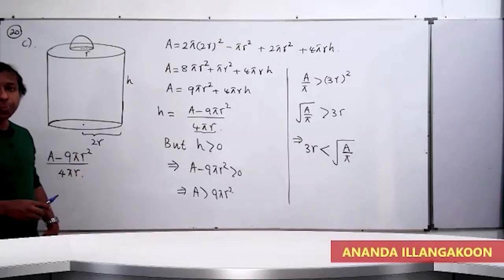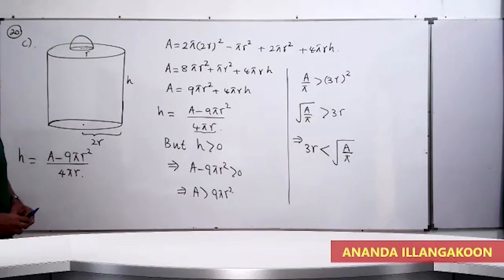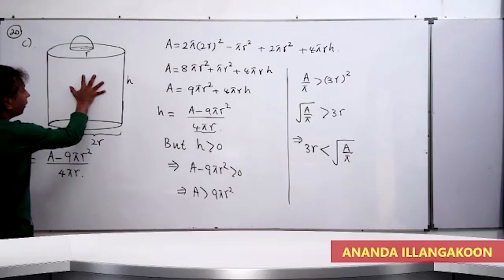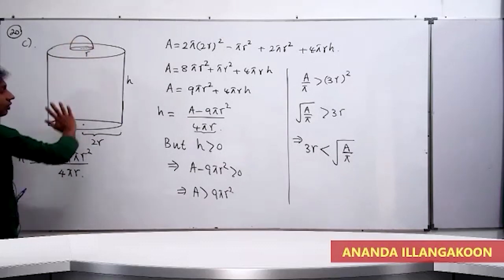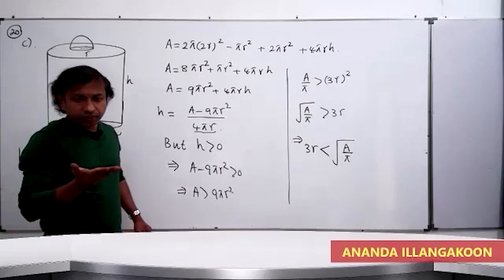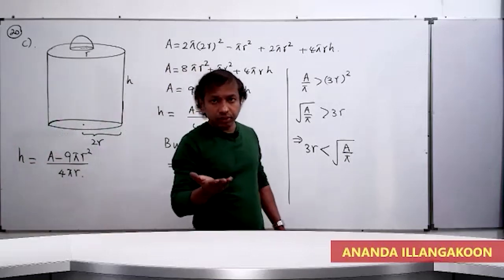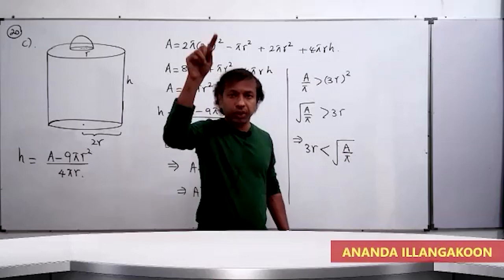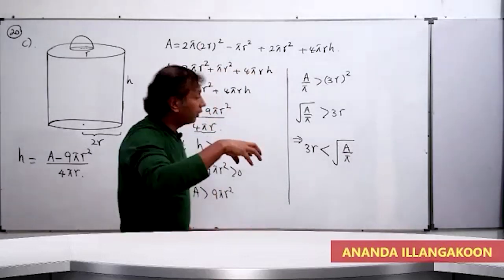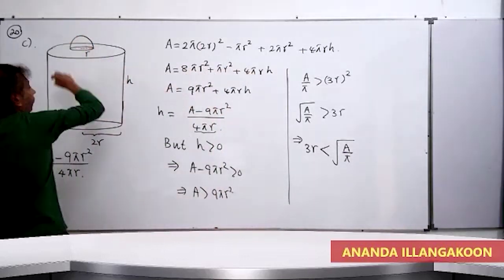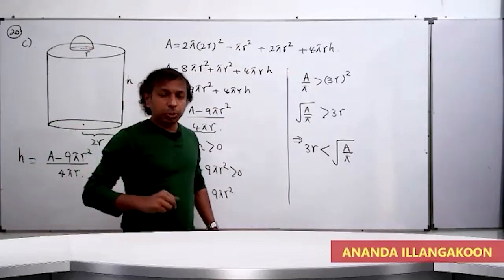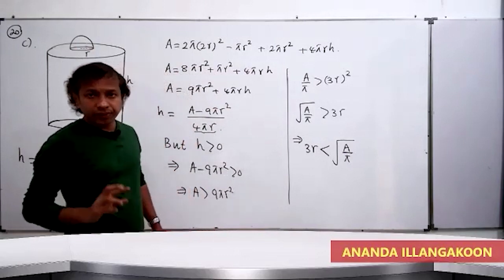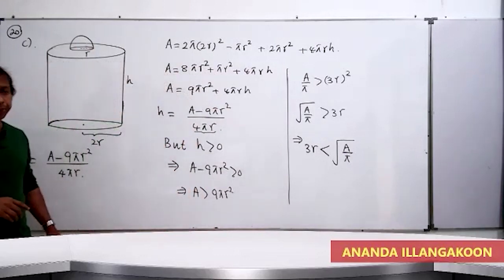What is the volume? Volume of the casket is what, people? Volume of this cylinder plus what? This portion. Volume of cylinder: base area pi r squared into height, plus here we have a hemisphere. Volume of a sphere, what, people? 4 by 3 pi r cube. Half of that here we have. Sum of those two is the total volume.